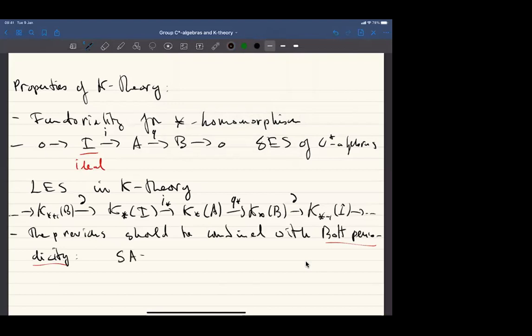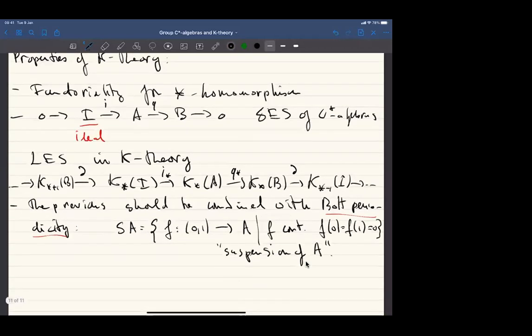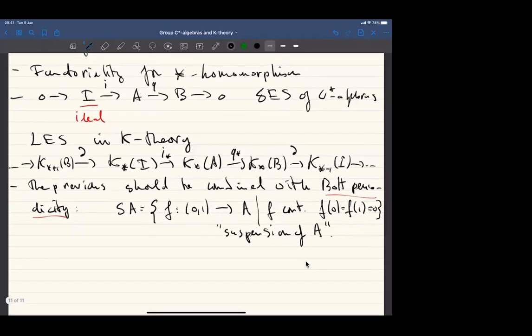If I have a C-star algebra, I can form its suspension. We can look at the algebra that comes from continuous functions from the open interval 0, 1 into my algebra, such that f of 0 and f of 1 both vanish. This is called the suspension of A, and for those of you familiar with algebraic topology, it is related to the suspension in algebraic topology.